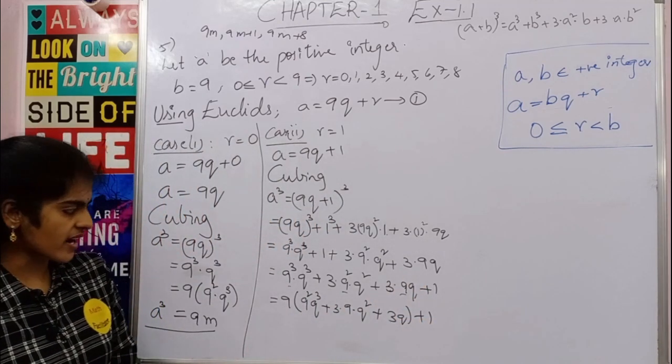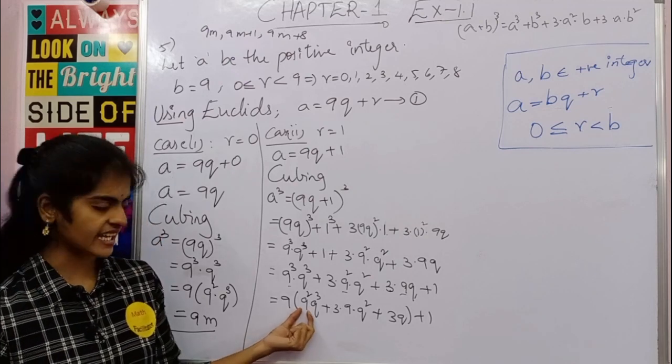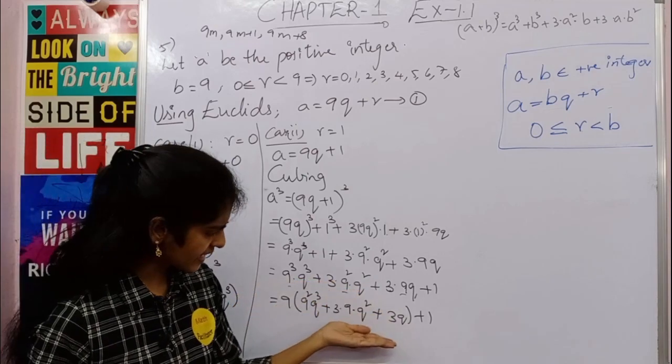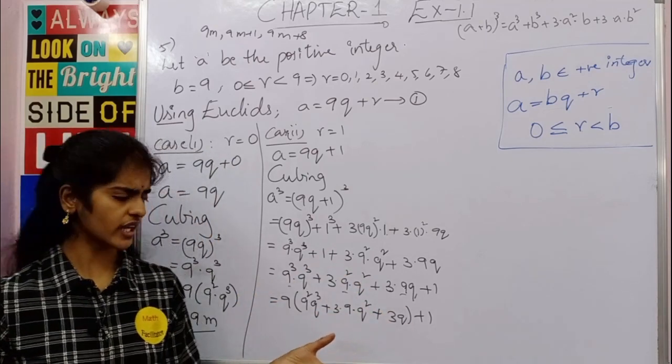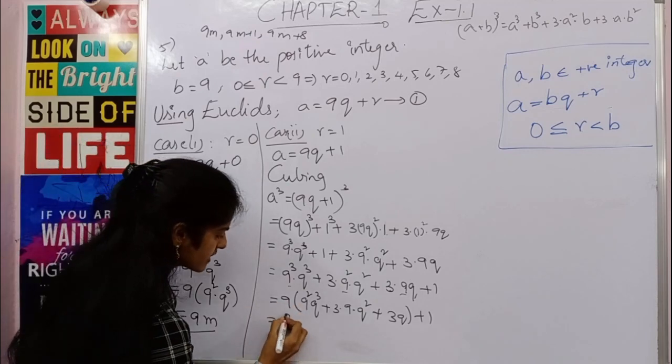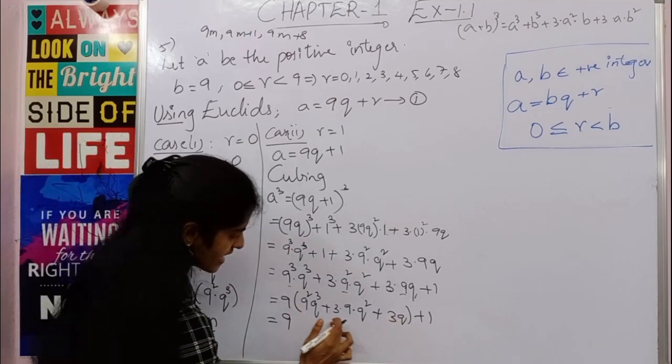Now you might be wondering, why am I not calculating 9 square, 3 into 9? Because anyway you are going to take this entire thing as m. So there is no need of calculation and wasting our time. So this entire thing you will take as m.